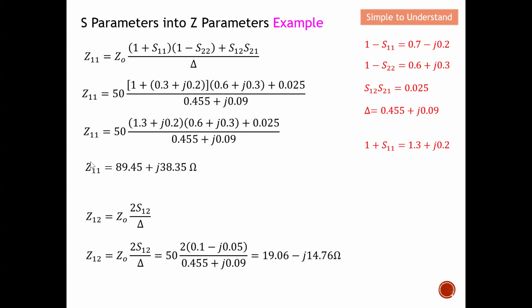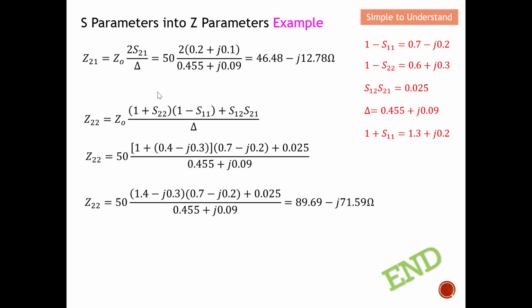Next is Z12. All these I will go a little bit faster. This is the formula to compute Z12. Again, you just need to put in all the values, punch your calculator, and you should be able to get this value. Z12 is 19.06 minus j14.76 ohm.